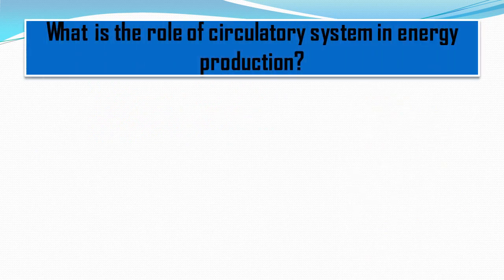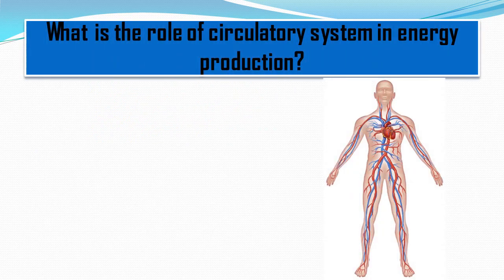for our body. Okay, what is the role of the circulatory system in energy production? Students, the main part of the circulatory system is the heart and the capillary network of blood vessels. You can observe the heart and the various networks, that is veins and capillaries, connected to the heart.